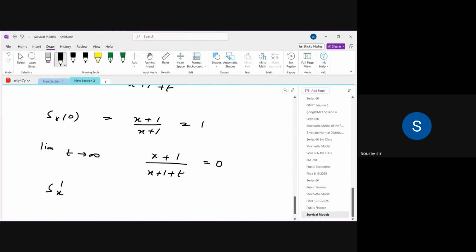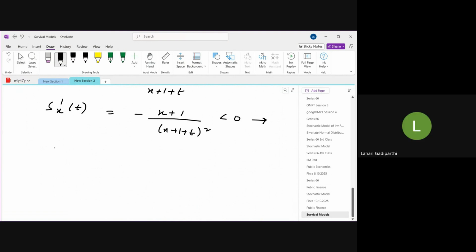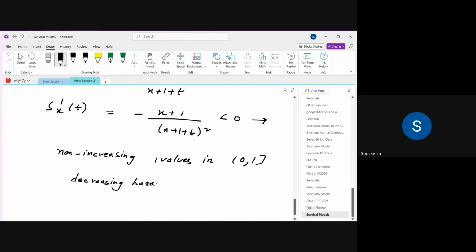The derivative is minus (x+1) by (x+1+t) squared, which is less than 0. That means non-increasing, with values in [0, 1]. So here it means a decreasing hazard type.